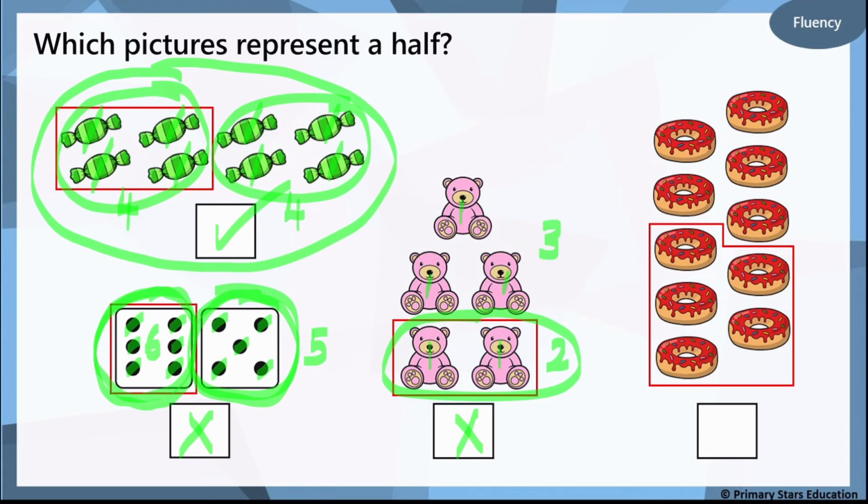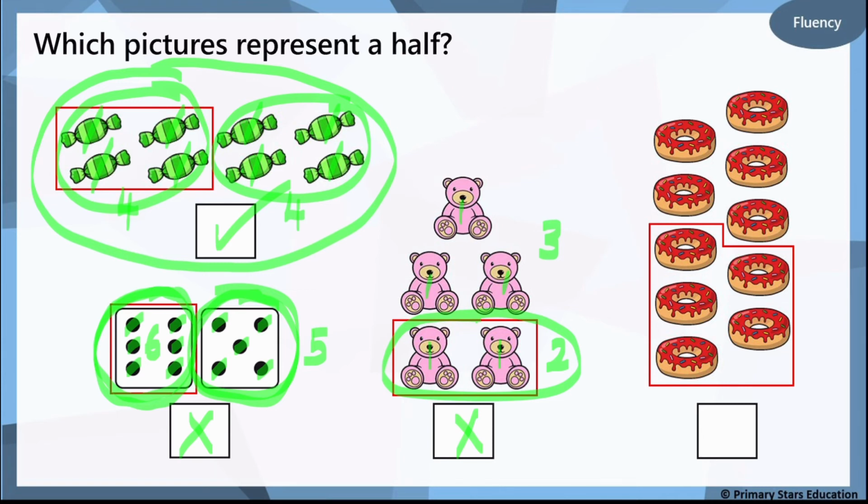If you're at school, tell a friend. If you're at home, tell someone at home or tell me through the screen. It's because half of the fraction has 2 in it and half of the fraction has 3. They are not equal parts, therefore they are not a half representation.